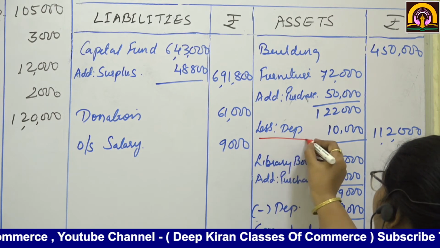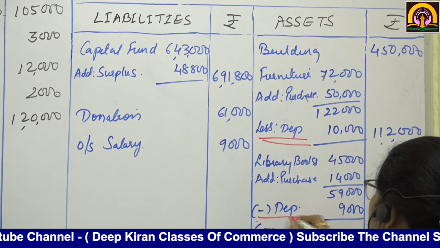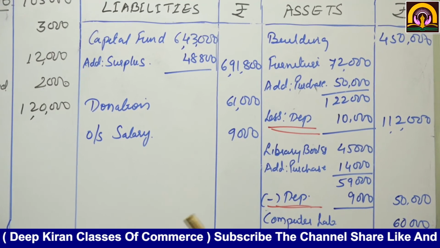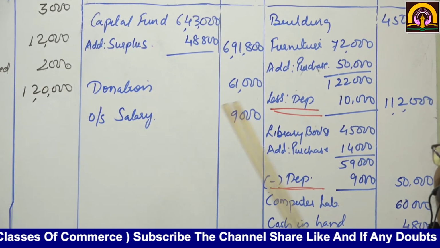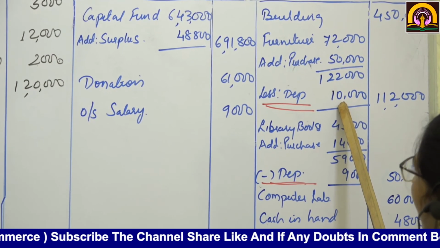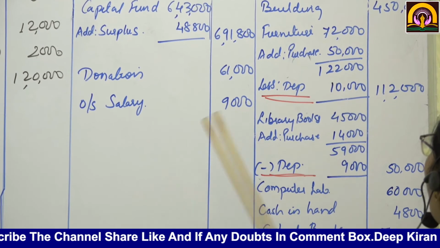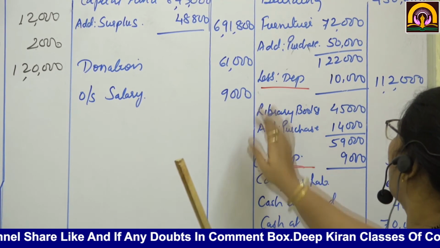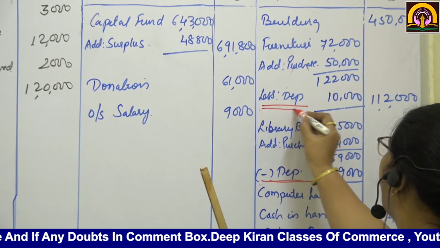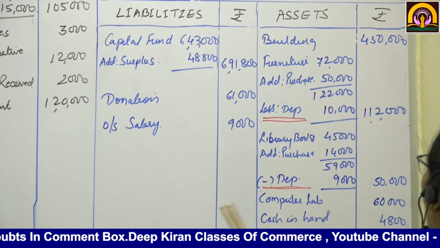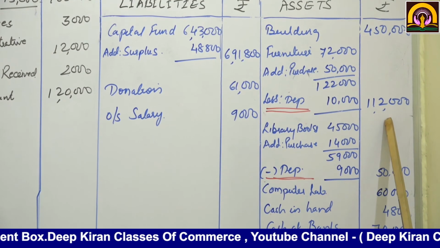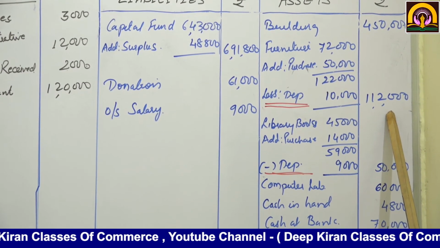Now less depreciation, the amount is also given to you ready-made, so you don't have to calculate that. So 10,000 on furniture, so outer column will come to 1,12,000.